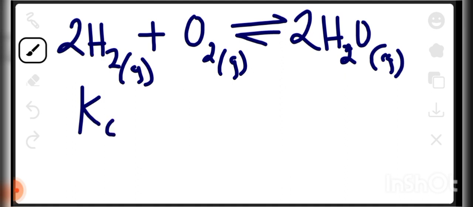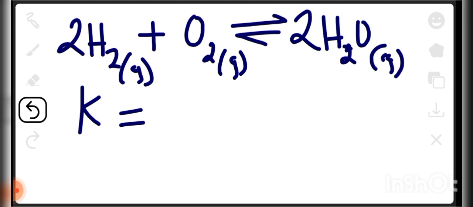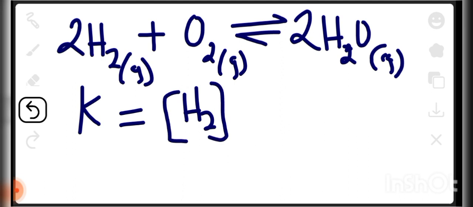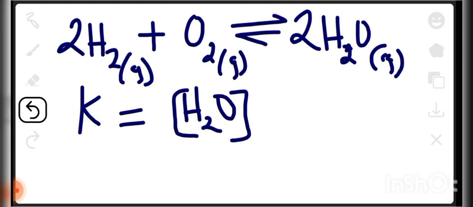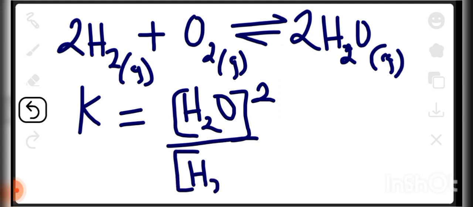So you write K subscript C, or you just write capital letter K. So that will give us, for the product, H2O raised to power 2, which is the number of moles, divided by the reactant, which is H2 raised to power 2.